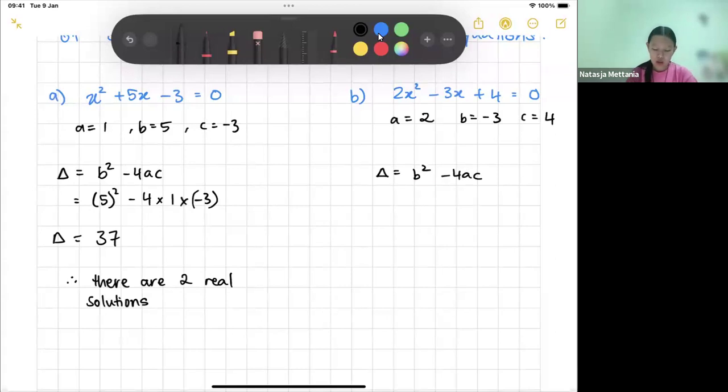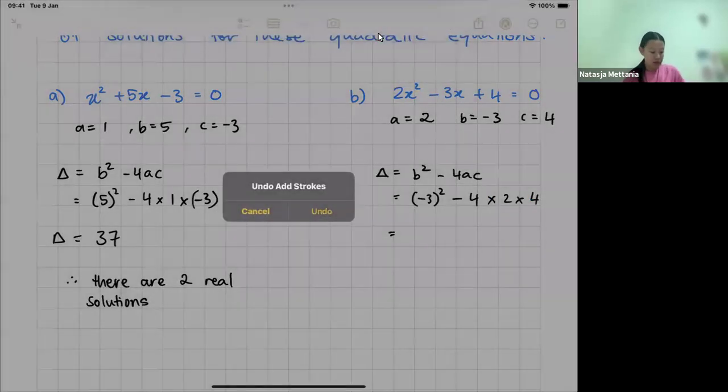The reason I ask you to write the equation is so that you don't make silly mistakes, as well as it's practice for you to remember the equation. Substitute. My b is -3, so I'm putting that in brackets, whole squared, minus 4 times 2 times 4. Put that into the calculator.